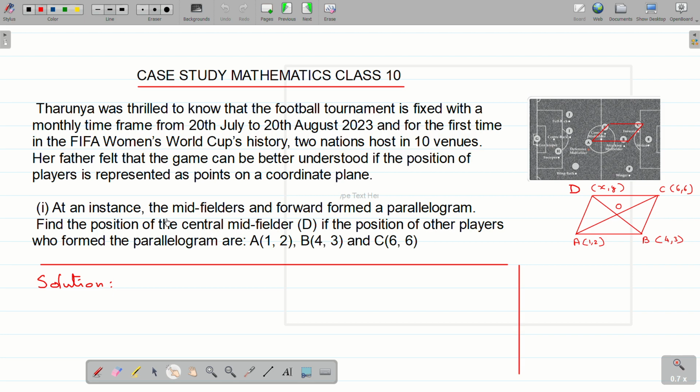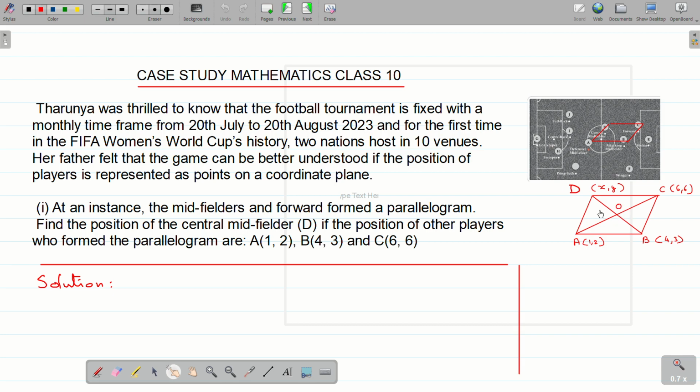At an instance, the midfielders and forward formed a parallelogram ABCD. The coordinates A(1, 2), B(4, 3), C(6, 6), and the coordinates of D, the midfielder, should be found out.